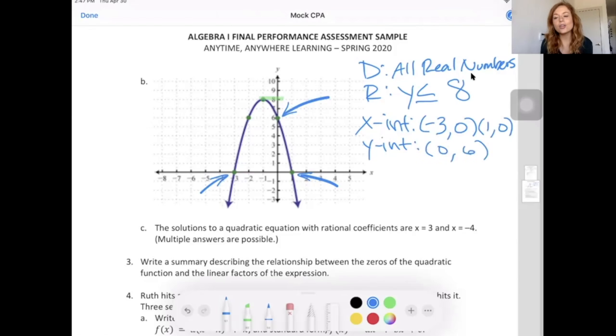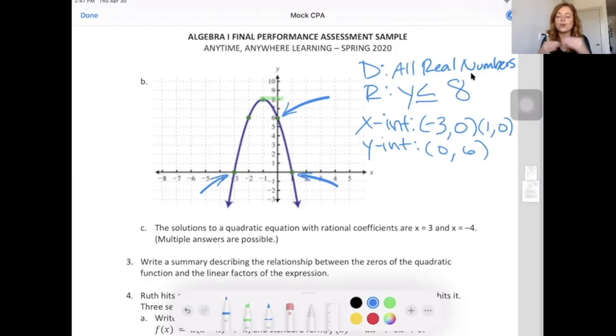Okay, the next thing on the list was zeros. Hopefully you remember that's a special vocab word. X-intercepts are the same thing as zeros, roots, and solutions. So you have to know all those 4 words. They all just mean we're looking at the x-intercepts, or when we find the solutions to a quadratic equation, it's the same thing as the x-intercepts when we graph it.